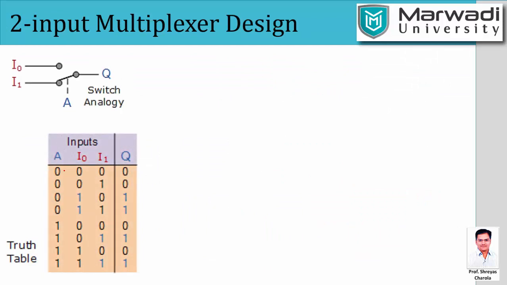If you want to write it like a truth table, whenever A is 0, the value of I0 will go to the output. Whenever A value is 1, the value of I1 will go to the output side.